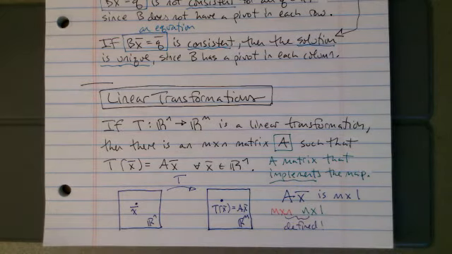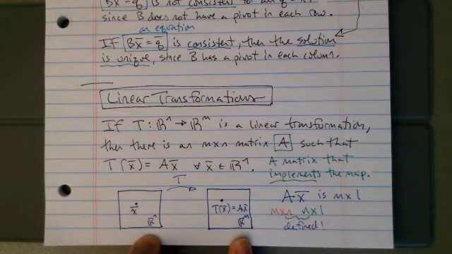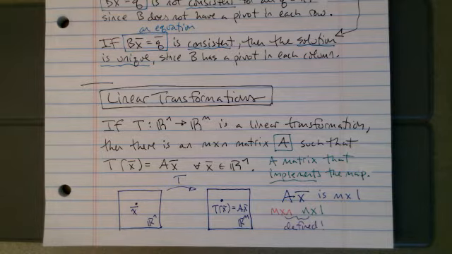So it makes sense that T maps Rn to Rm, is implemented by an M by N matrix? Any questions? Cool. Let's look at an example.